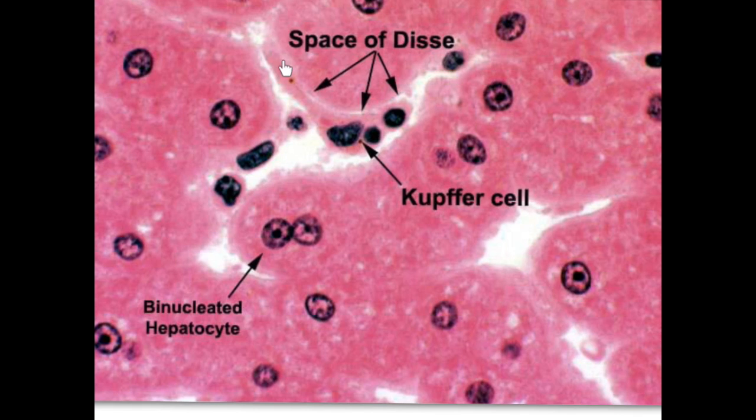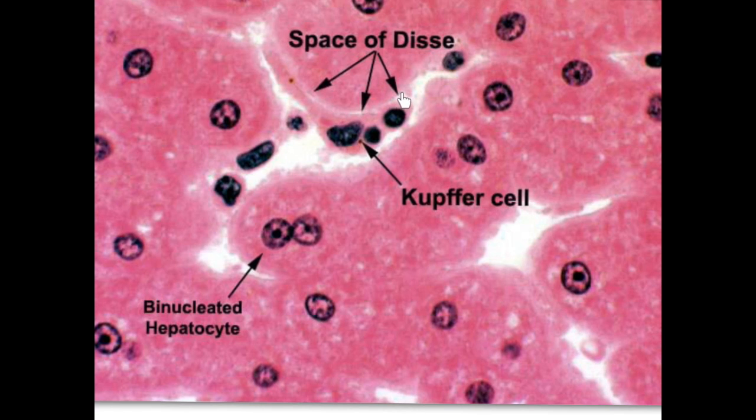And here we have a very narrow space between the blood sinusoid and the hepatocyte. This is the hepatocyte nucleus and this is the cytoplasm. This is called the perisinusoidal space. Here it is evident in this location as this white line between the wall of the blood sinusoid lined by von Kupffer cells and the cell membrane of the hepatocyte.